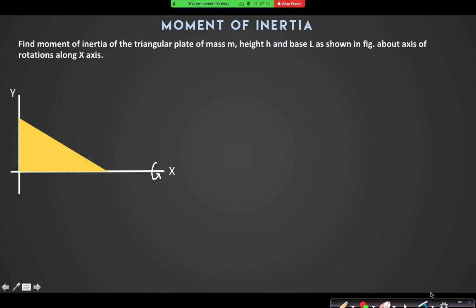Can you find the moment of inertia of this triangular plate which has mass m, height h, and base length L?